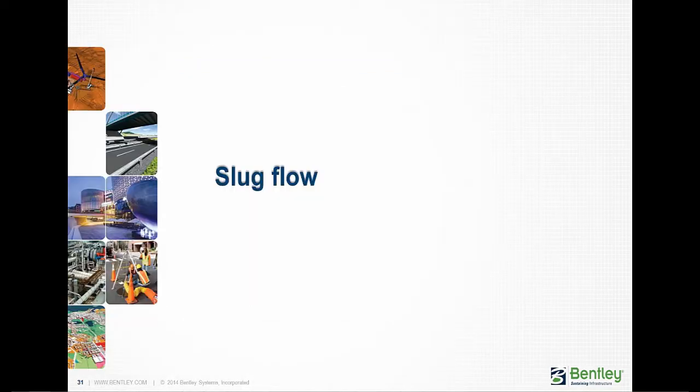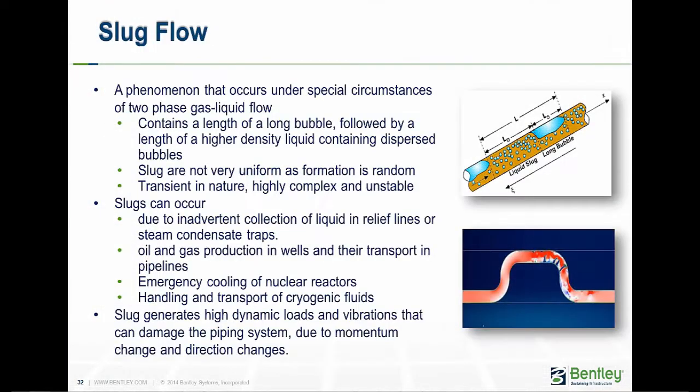Another flow condition that produces similar effects to the water hammer effect is slug flow. Here we have two different phases of fluid that can occur for a number of different reasons, including condensate collection, system startups, cavitation, flashing, etc., and can be very damaging to piping systems. When they move around the system, they create dynamic loadings due to the change of momentum at bends and reducers.